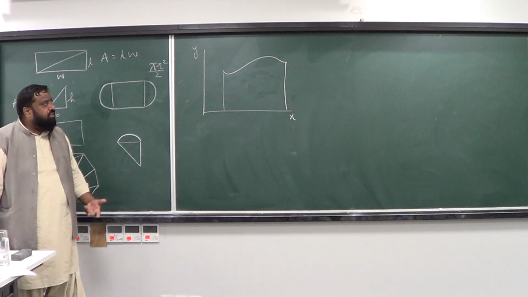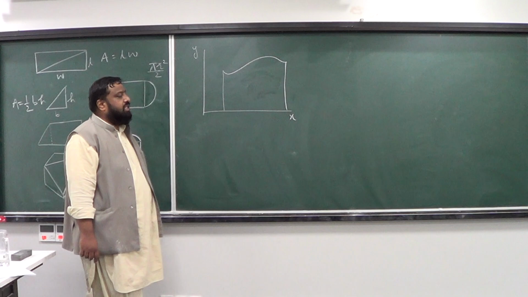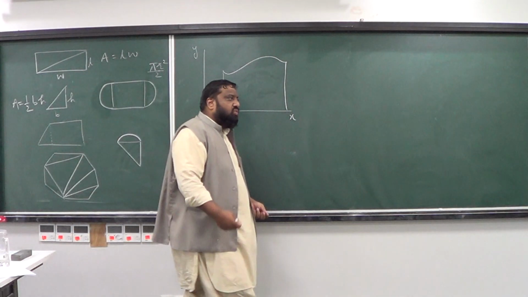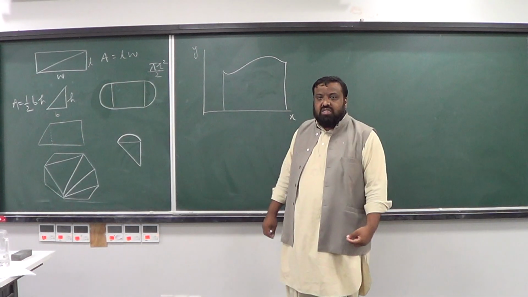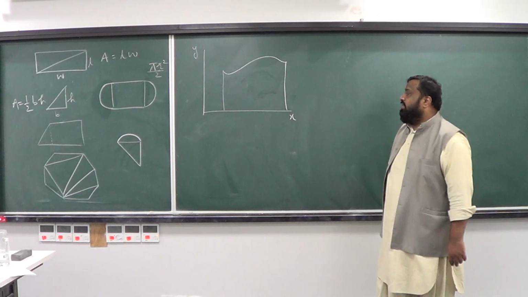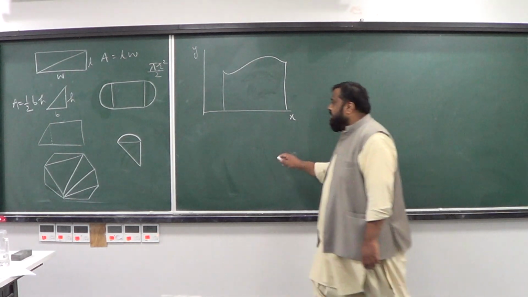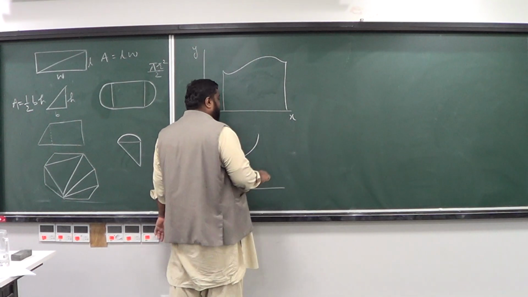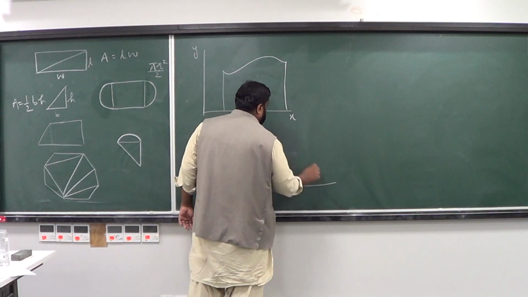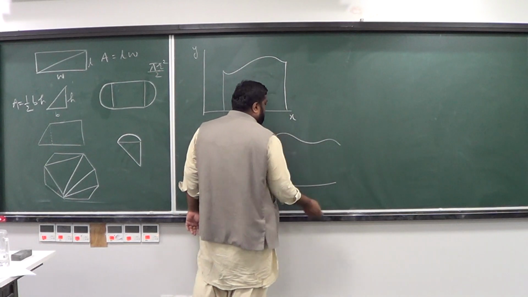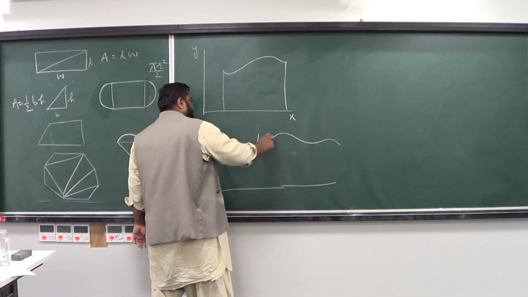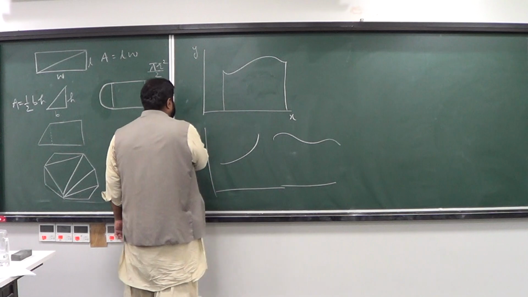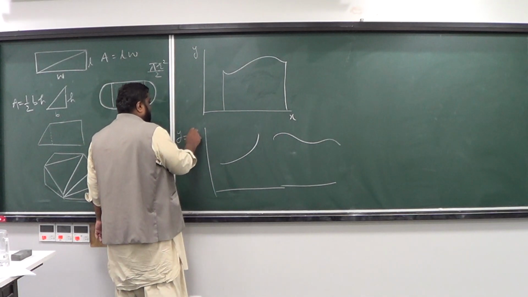If we try to find the area of such a picture, what would be the most suitable or consistent way to do it? And this curve can be anything. You can take this curve, or this curve, any curve. Mathematically these curves are y equal to f of x.